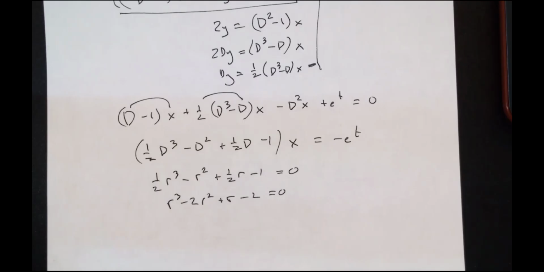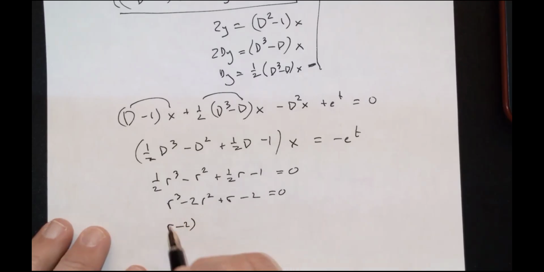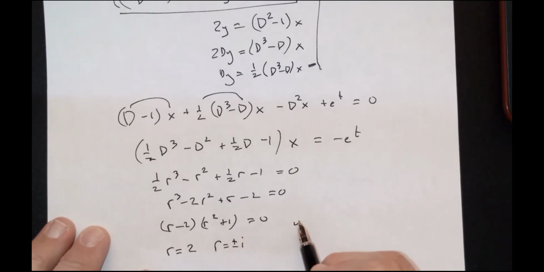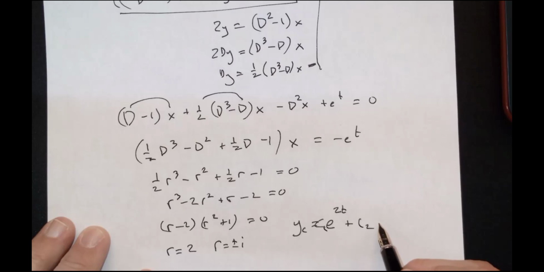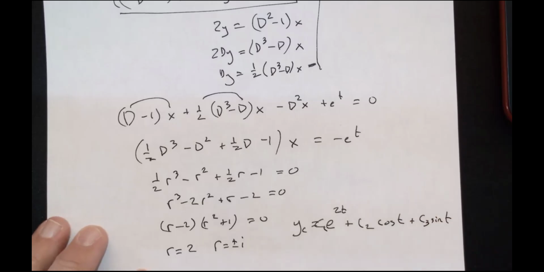And then I got r equals 2 or plus minus 1. So that means I should get the corresponding homogeneous solution is c1 e to the 2t plus c2 cosine t plus c3 sine t, right? Great, wonderful. Now I need to deal with that e to the t.